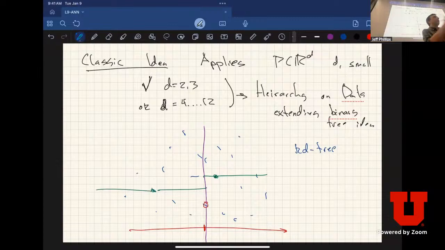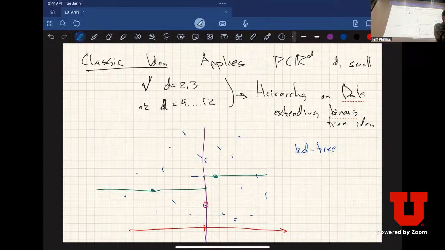So on the left half, I build a median now in the y direction, and on the right half, I also build a median in the y direction, but they're not necessarily the same median. If the distribution is shifted up, it adjusts to the data, just the same way that a binary tree adjusts to the data in one dimension. And I recursively do this now, okay?